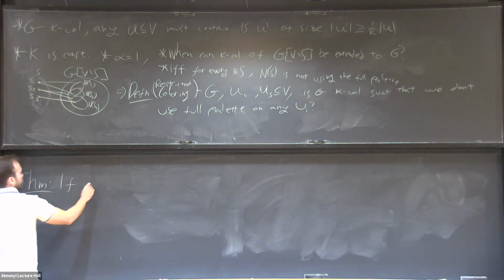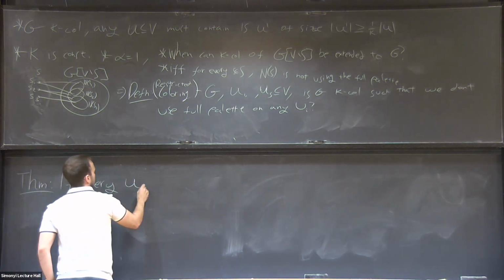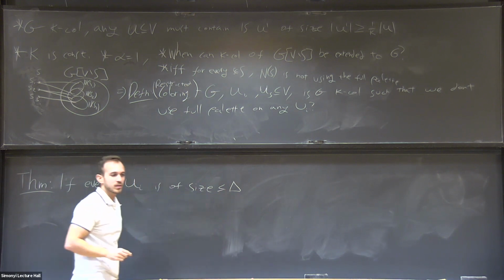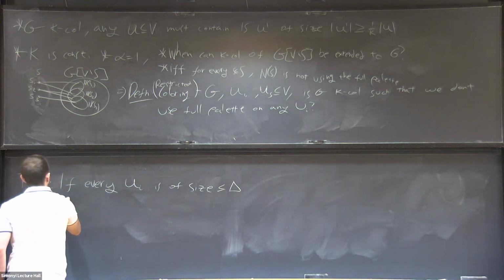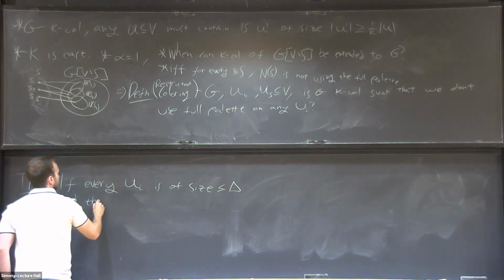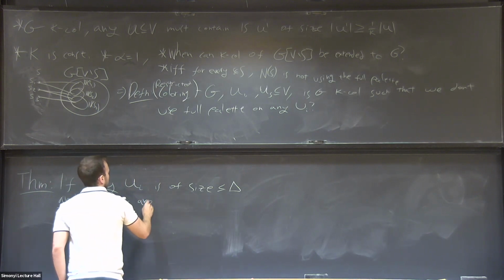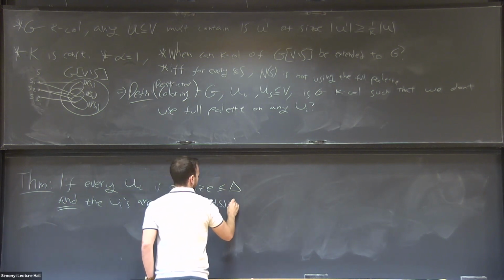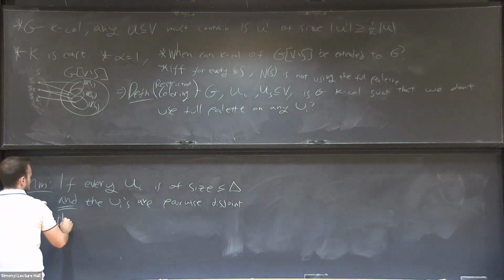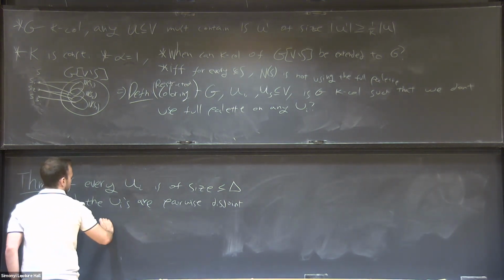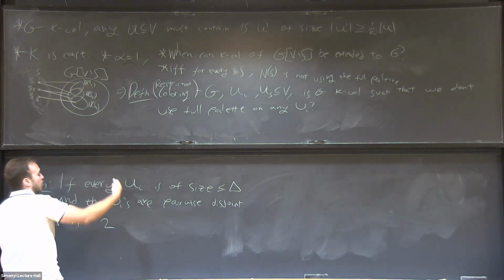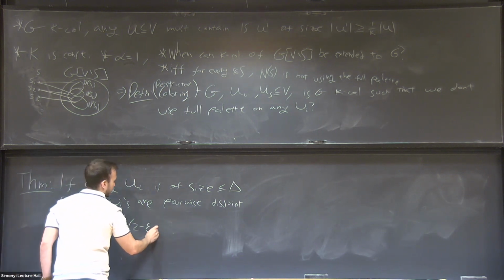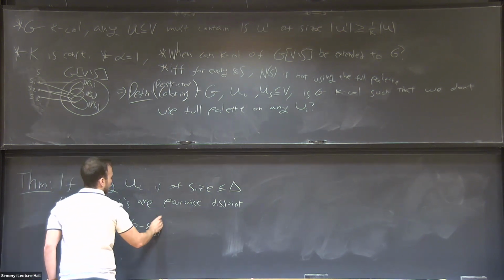If every Ui is of size bounded by something, let's say at most delta, and the Uis are pairwise disjoint, then we can solve this in time 2 to the size of the smaller graph times 2 minus epsilon, where epsilon depends only on delta, to the number of restrictions.